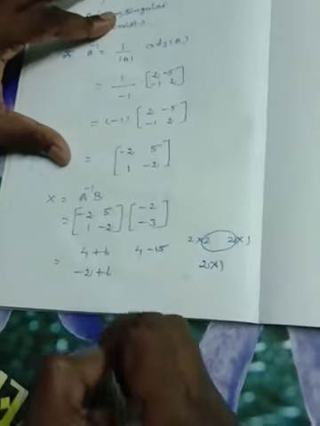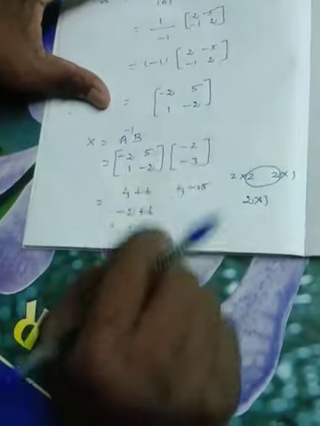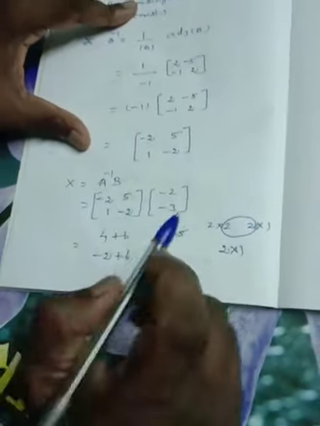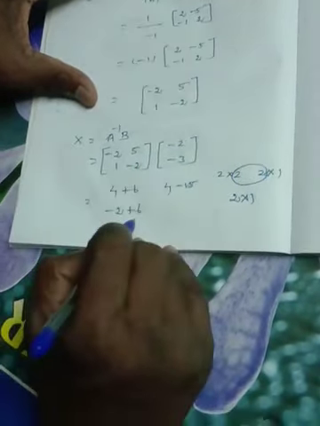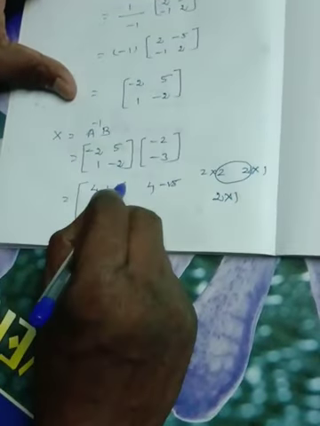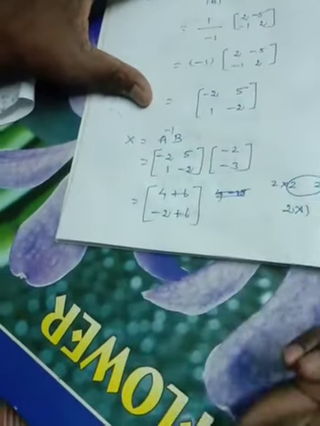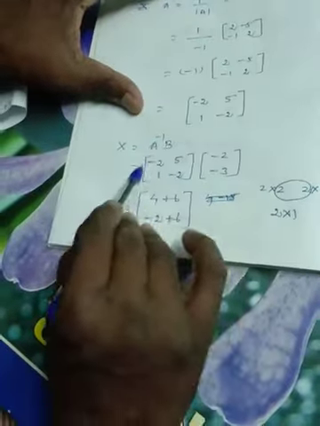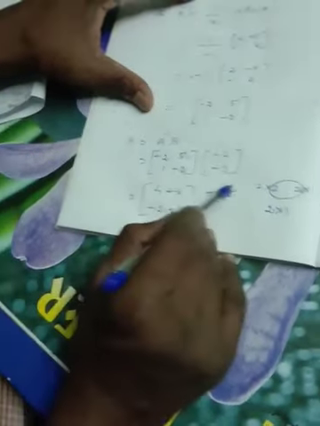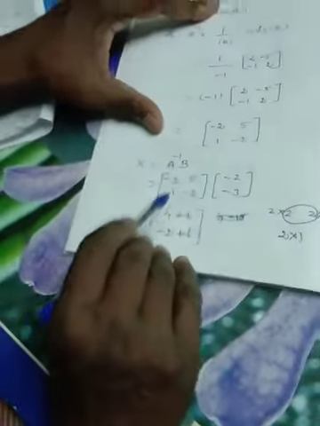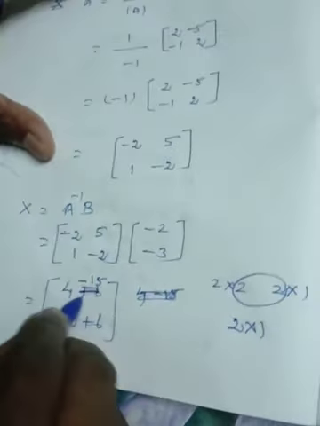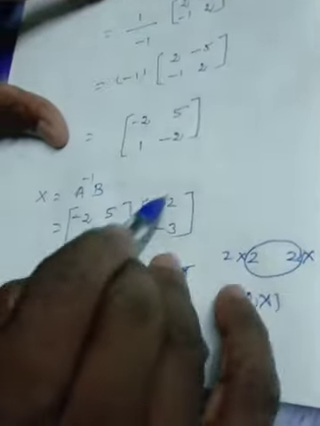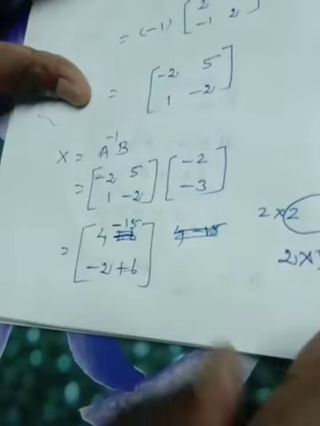First row, first column: minus 2 into minus 2 is 4, next 5 into minus 3 is minus 15. Minus 15, okay. Second row, first column, minus 2 plus 6.